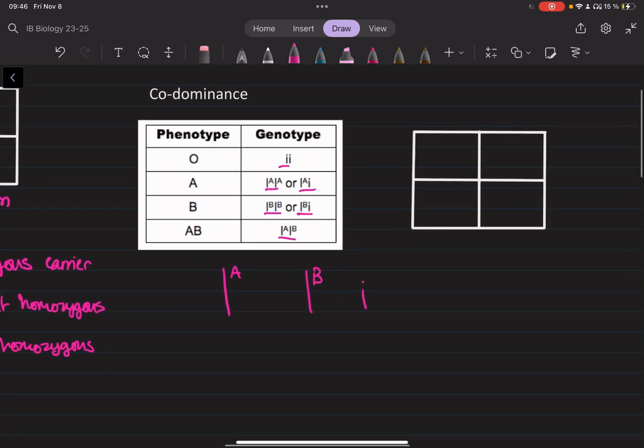And obviously, because if you have blood type O, you need two O's, so it'll be ii, and then A blood type can be I^A I^A or I^A i, and so on and so forth.